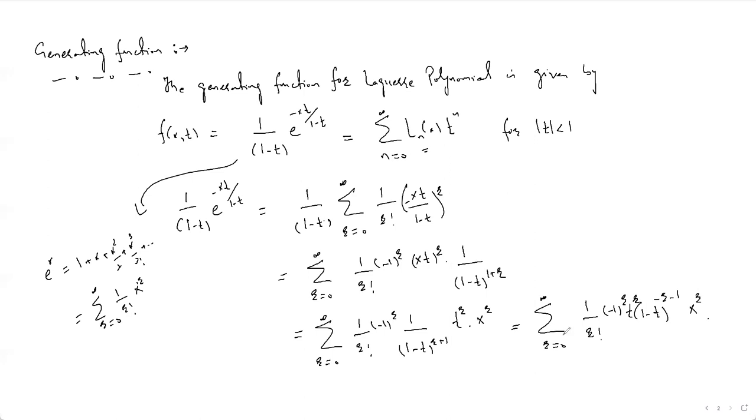Fine. Now you know that for this 1 minus t raised to power minus r minus 1, if I have the binomial expansion of 1 minus x raised to power minus m, or I can say 1 minus x raised to power minus m, this is always given by 1 plus m x plus m into m plus 1 divided by 2 factorial x square plus m into m plus 1 into m plus 2 divided by 3 factorial x cube, and so on.